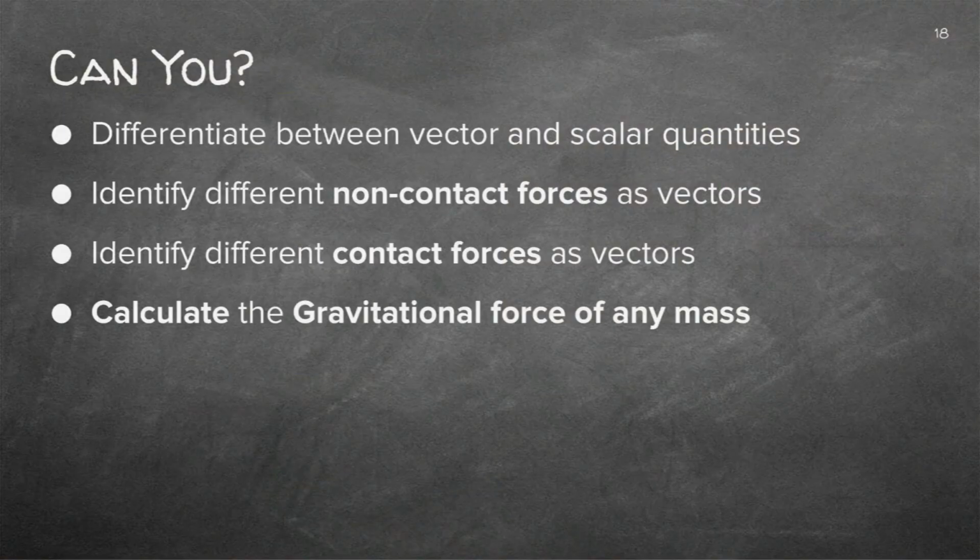Quickly, what did we do? We worked with vectors again. It's non-contact forces. Can you remind yourself what the three were? Magnetic force, gravitational force, and electrostatic force. They don't really need to touch each other. The contact forces were the applied force, the frictional force, the normal force, and as we saw, there's tension and a few others.